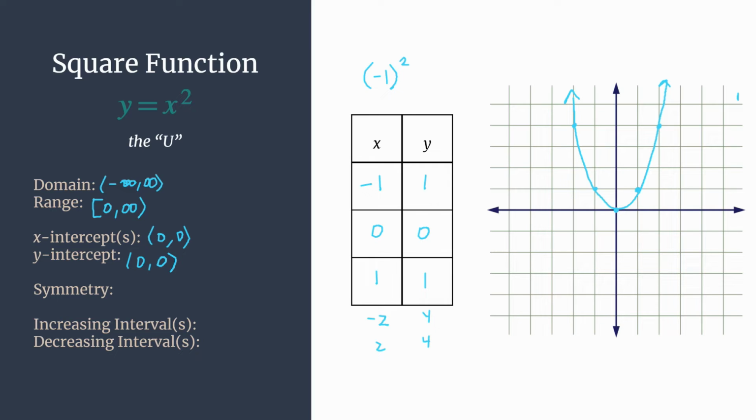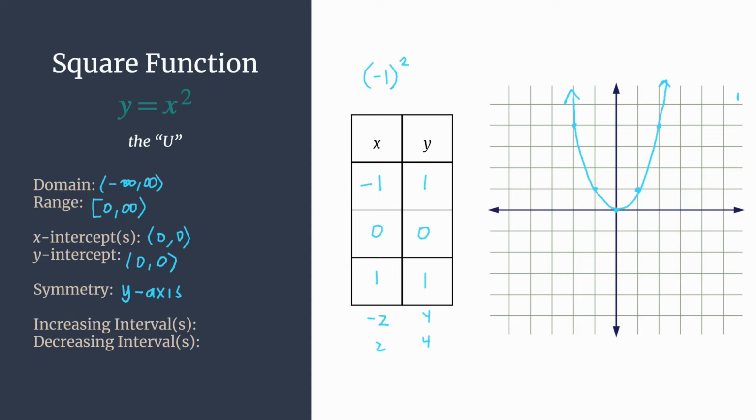Okay, symmetry. The square function is similar to the absolute value function that you may have just looked at. Remember that we look for y-axis or origin symmetry. And in this case, you can see we have y-axis symmetry. Okay, and that's determined by seeing that the graph is a reflection across that y-axis.